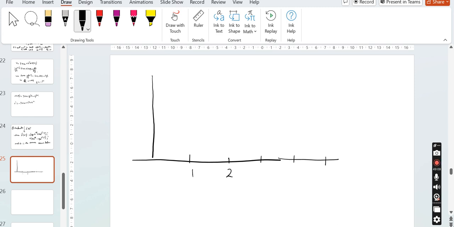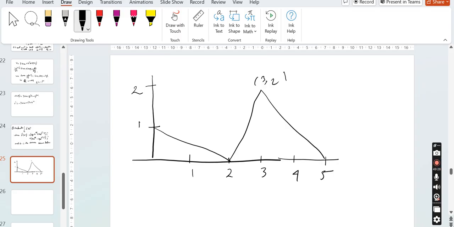One, two, three, four, five. This one, this two. So the curve is like this. This is 3 comma 2. So the path is like this. Okay.